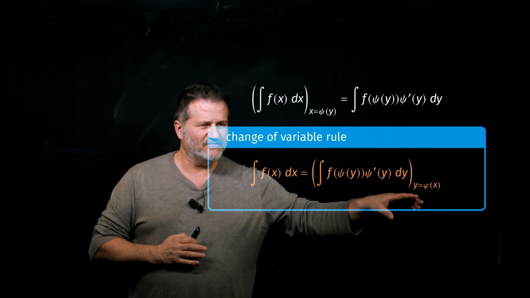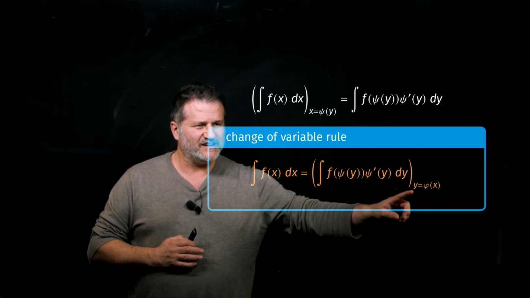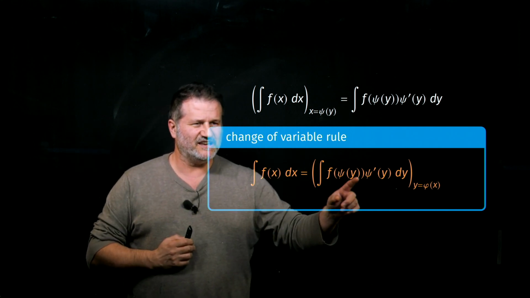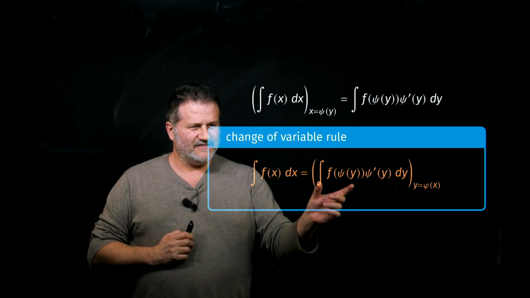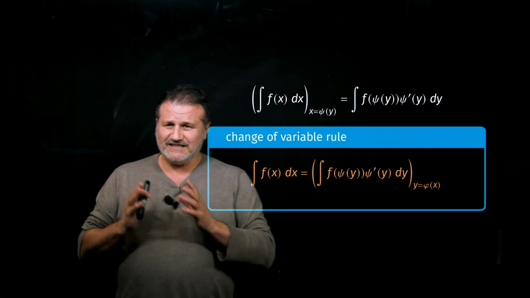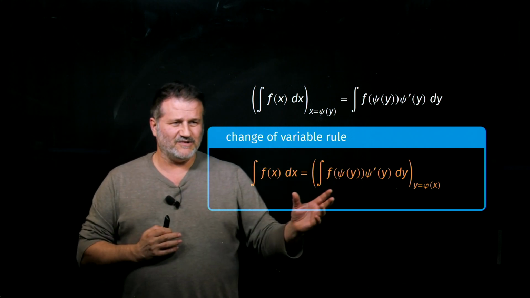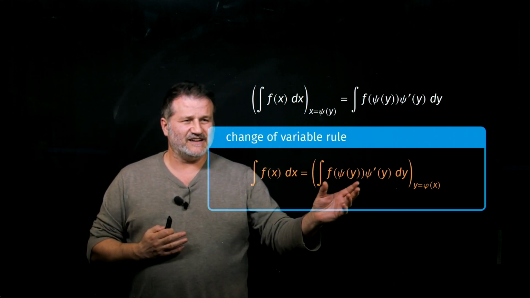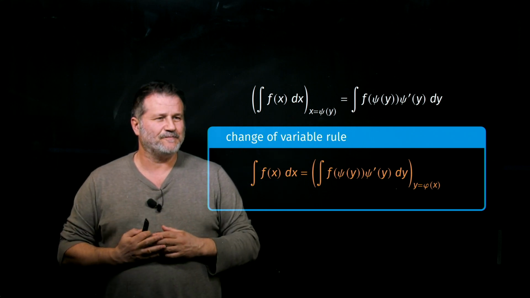There is the inverse of this change of variable, so the function that gives the old variable as a function of the new, etc. But think about this part here: it is just the function f written in the new variable. So this is what should be easier because we introduced the change of variable just to simplify the function f.